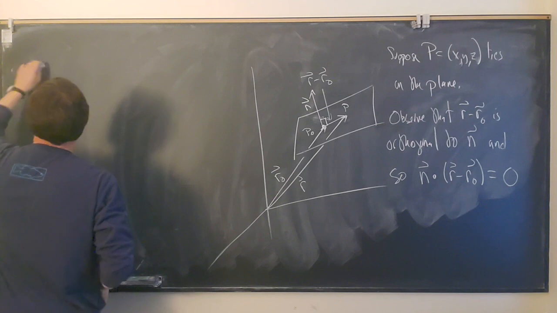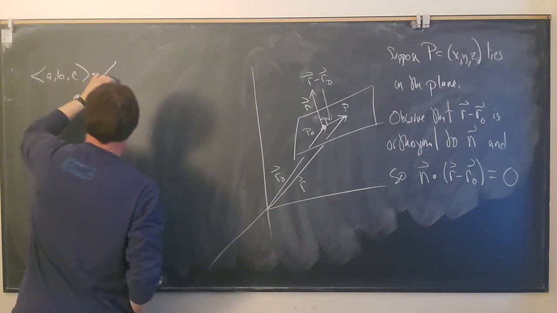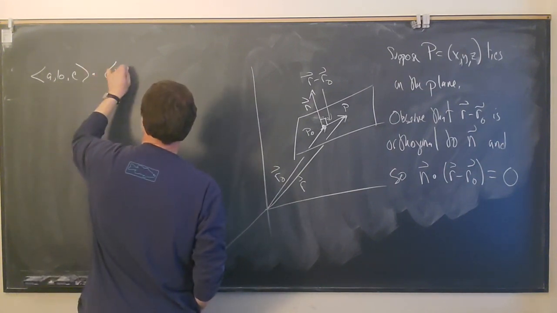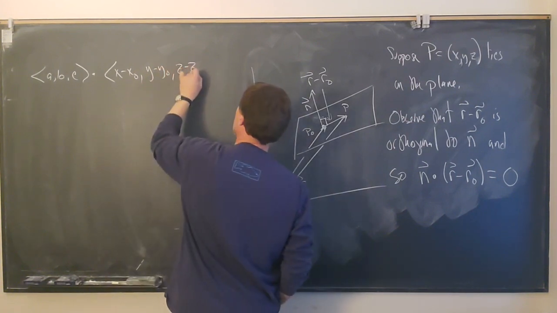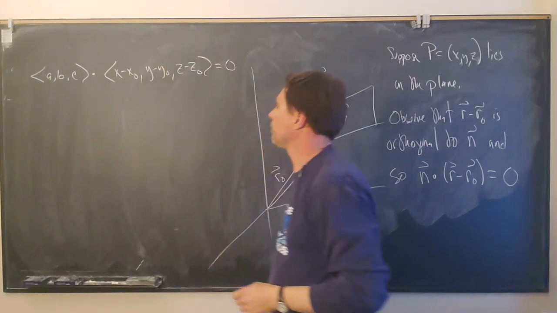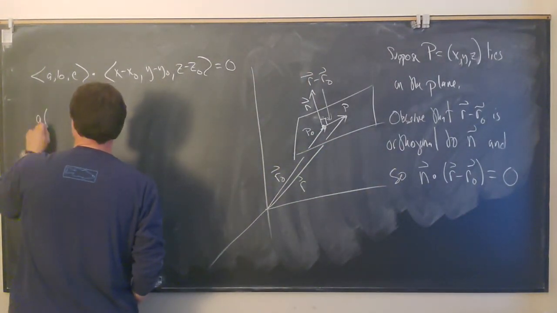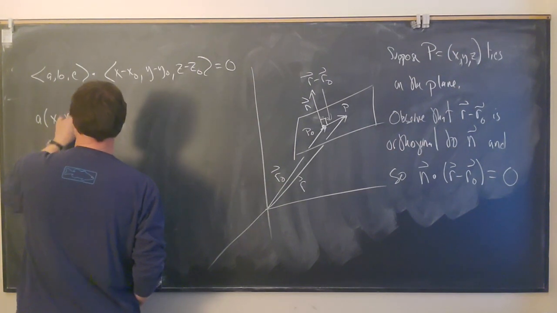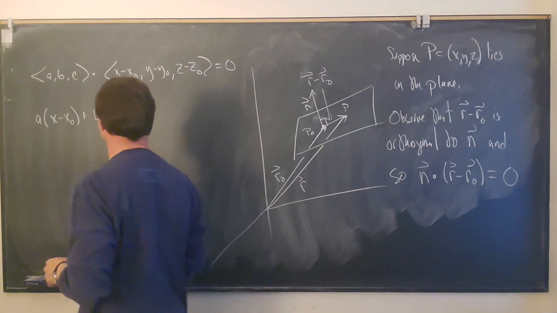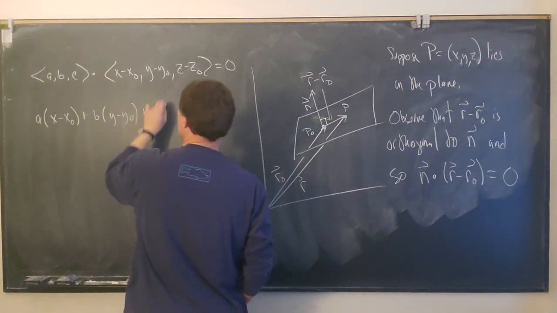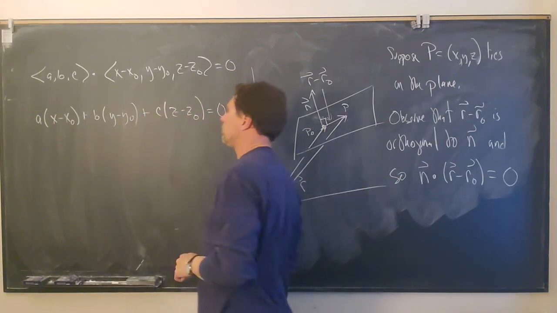So what we have is A, B, C dot X minus X0, Y minus Y0, Z minus Z0 has to equal 0. And when I take the dot product, A times X minus X0 plus B times Y minus Y0 plus C times Z minus Z0 equals 0.